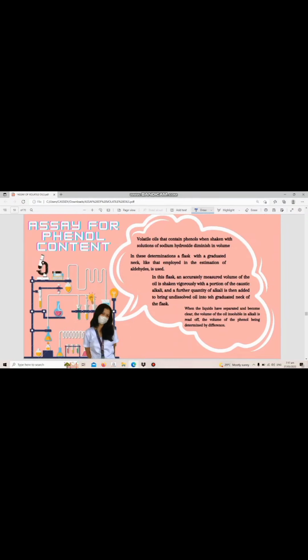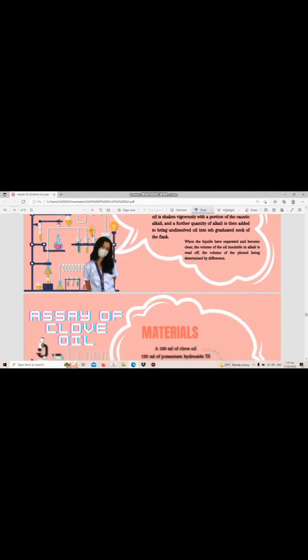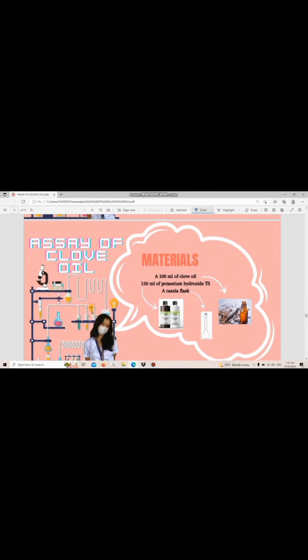For my another topic, it's exercise 14.6. Its object is the assay of clove oil. Traditionally, clove oil has been used for easing digestive upsets, relieving pain, and helping with respiratory conditions.